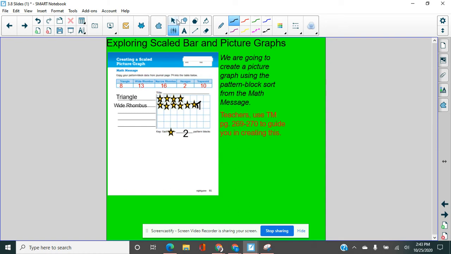All right, narrow rhombus is next. So let's put narrow rhombus in here. And we need to get up to 16. You tell me, how many of the stars will I need to represent 16 of the narrow rhombus?